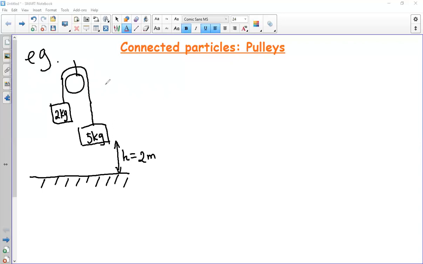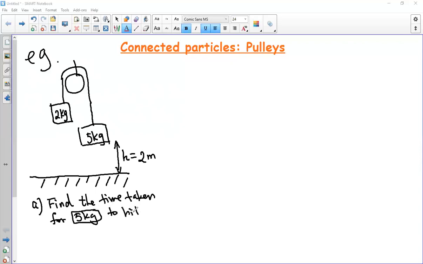So our question is, part A. Imagine that both boxes are being held still at the very beginning. Part A, find T, the time taken for the 5 kilogram box to hit the ground.